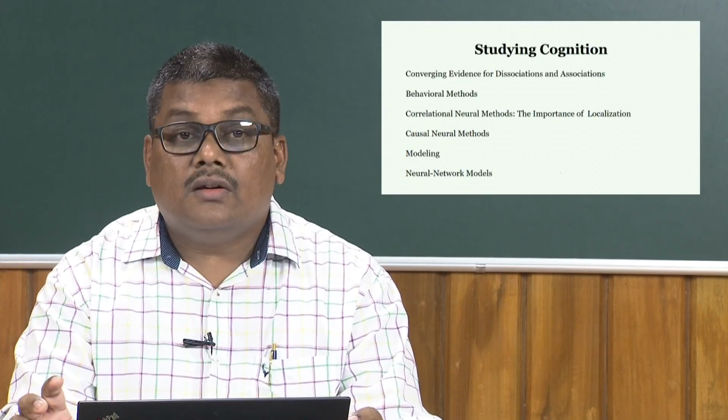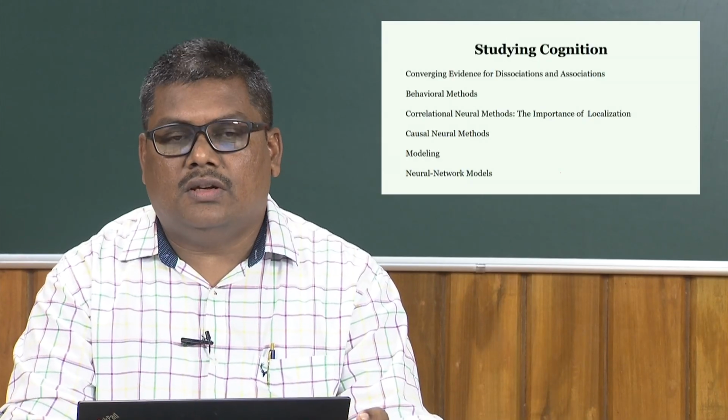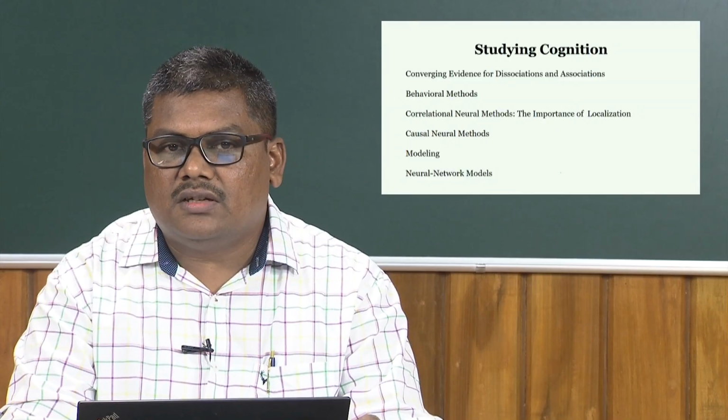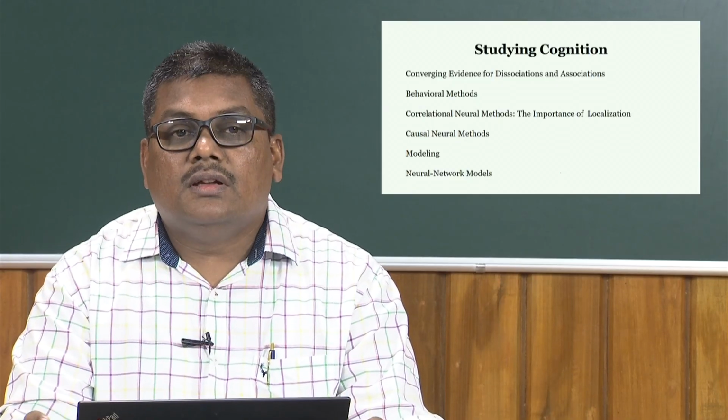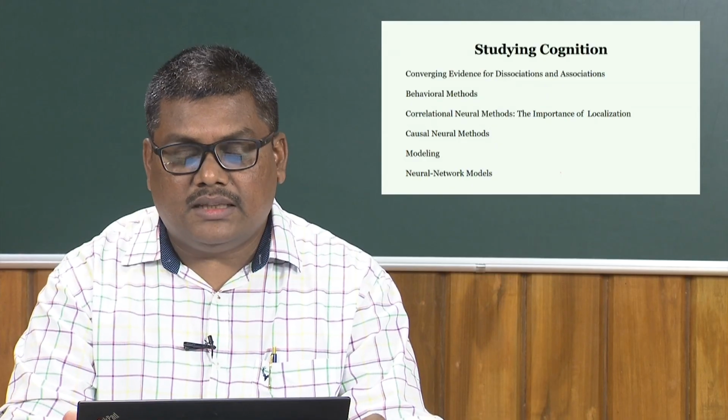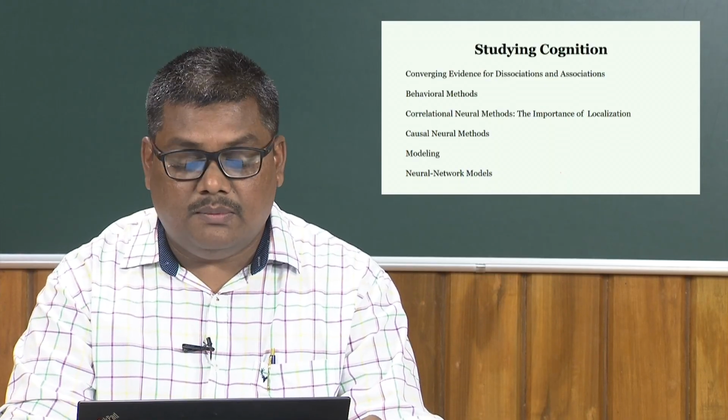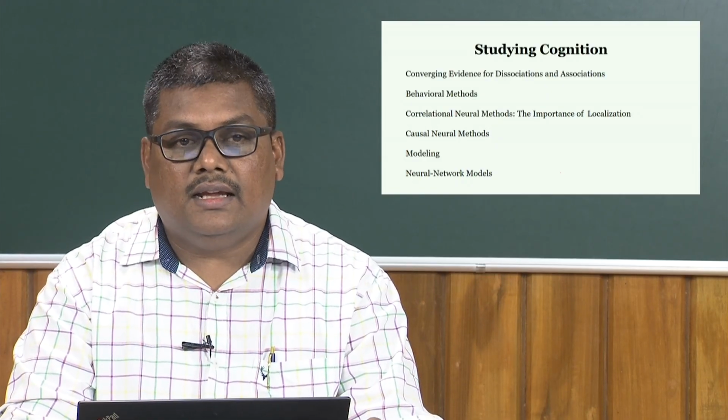Now, the methods of studying cognition. There are 4 different methods through which cognition can be studied: the behavioral methods, the correlational neural method, the causal method and modeling.